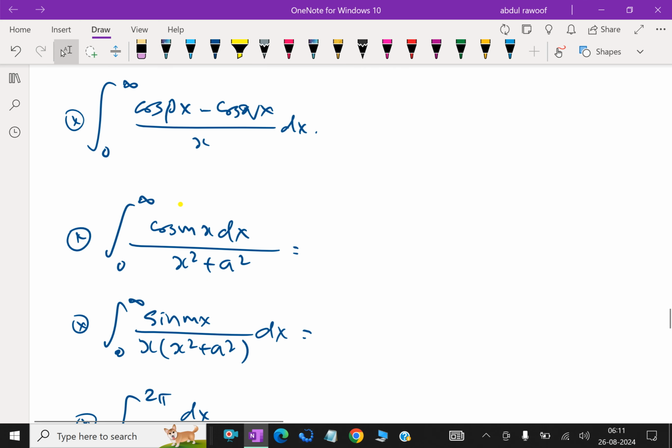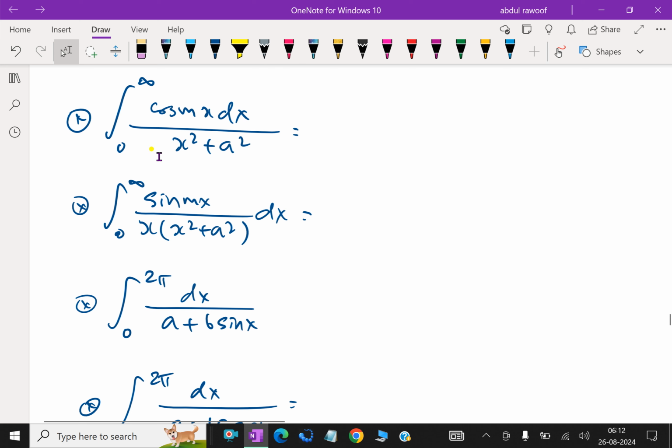Next, the integral from 0 to infinity of cos px minus cos qx over x squared dx equals pi into q minus p over 2.